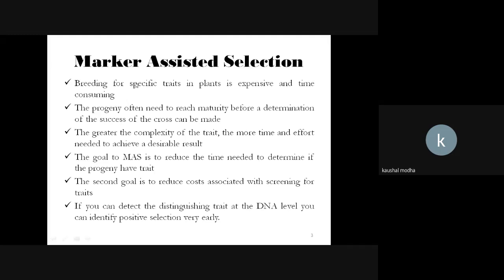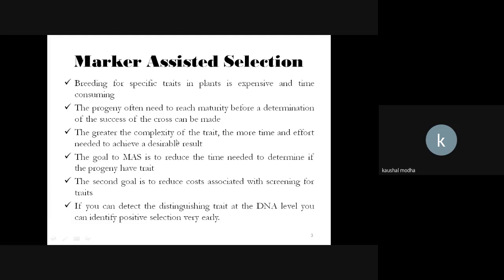So if these are seed characteristics, then you will have to wait for maturity, and that will create problems in crossing programs. So if you have markers which are associated or linked with a particular trait of interest, then at the seedling stage itself, we can identify the individuals carrying the desirable gene from the donor parent, and we backcross those progenies to the parent.